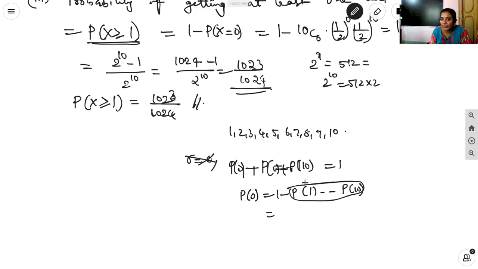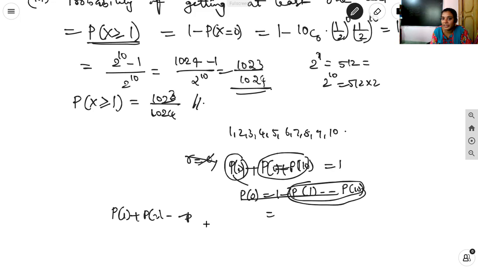What we want is 1 to 10, so we can subtract P of 0 from 1. So probability of 1 plus probability of 2, and so on, probability of 10 is equal to 1 minus probability of 0. For that case, I am taking here 1 minus P of x equal to 0.